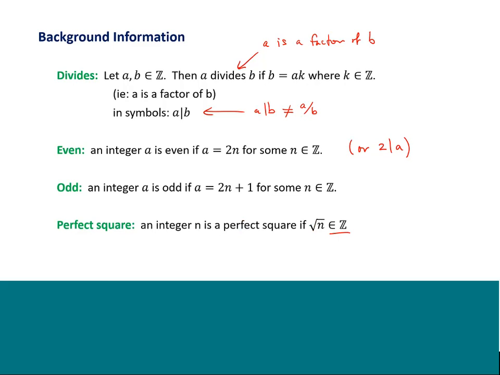So the other way of phrasing this is an integer n squared is a perfect square if n is an integer. Notice I just squared both n and the square root of n. That second way has a tendency to be a little more helpful.